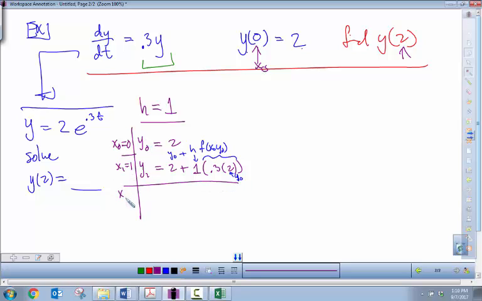And then in the next step we'll be done, because it takes 2 steps to get there. So this is going to be 2. Just add 1. And so y of 2, which is our solution in this case, is going to be the previous y value. Oh, we need to compute this. 2 plus 0.6, 2.6.